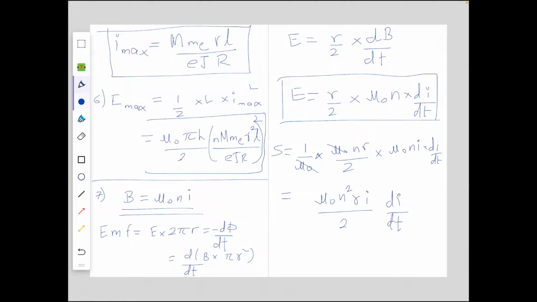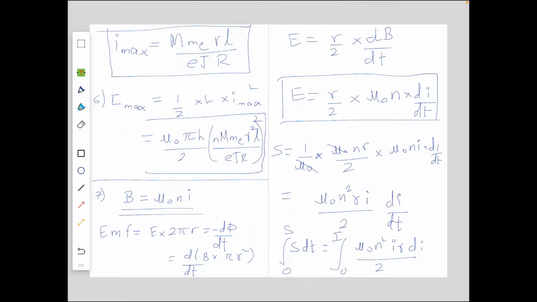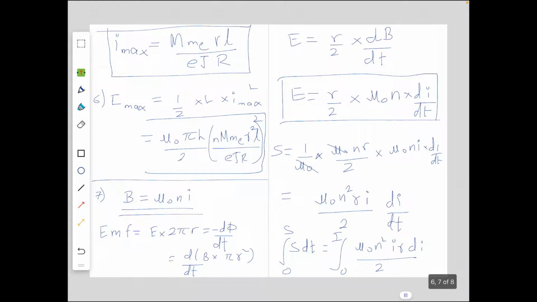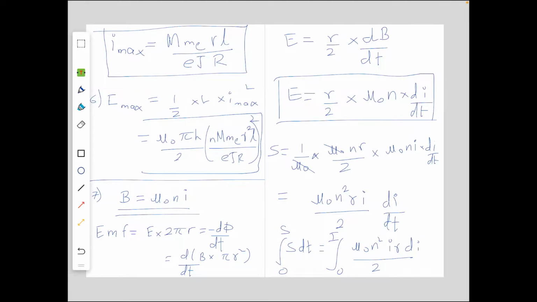The total flux passing through the cylindrical surface can be given as integral of S dt. Integrating mu naught n square I r di by 2 from I equals 0 to Imax, we get S equals mu naught n square r times I square over 2 integrated, so it's mu naught n square r I square by 4.